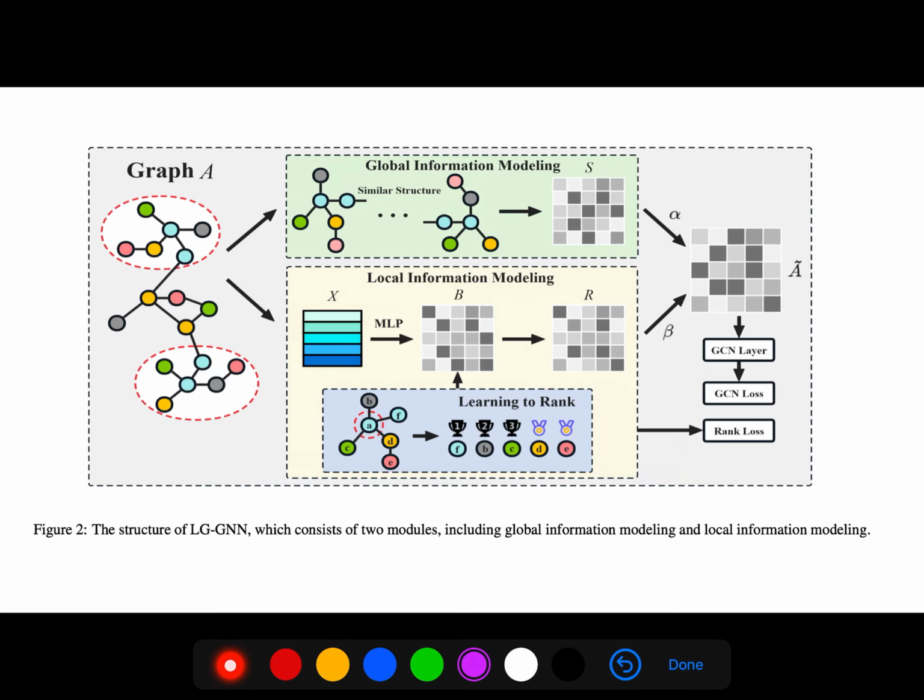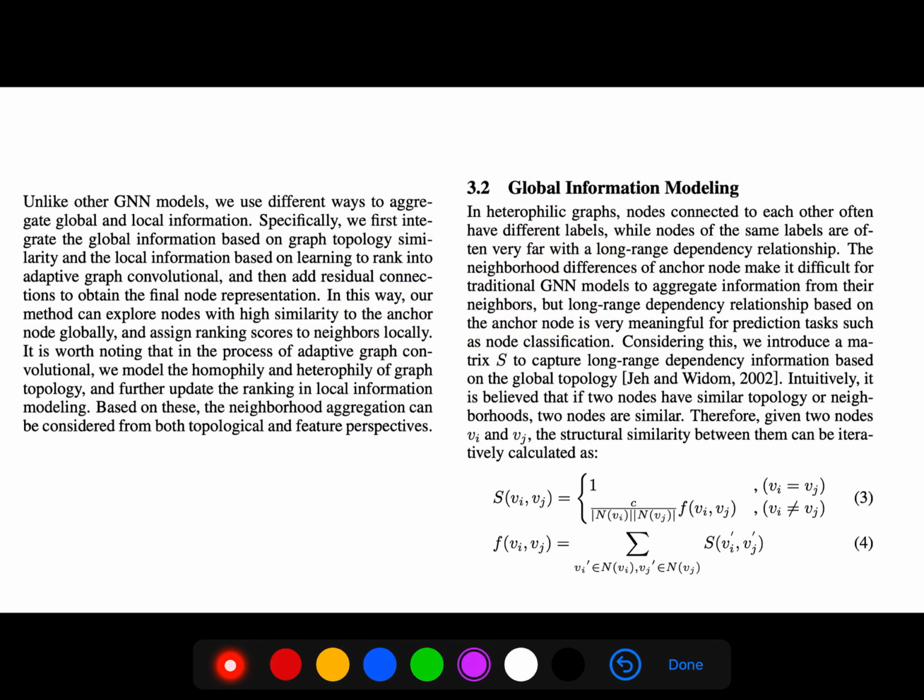So how do you model this global information? Let's see. Nodes connected to each other often have different labels in heterophilic graphs, while nodes of the same labels are often very far with a long-range dependency relationship.